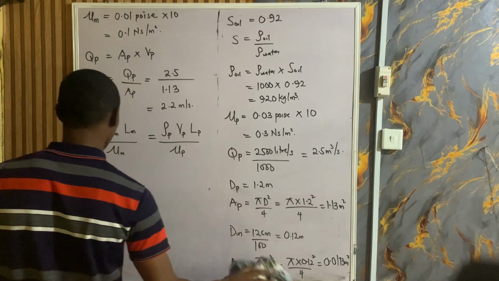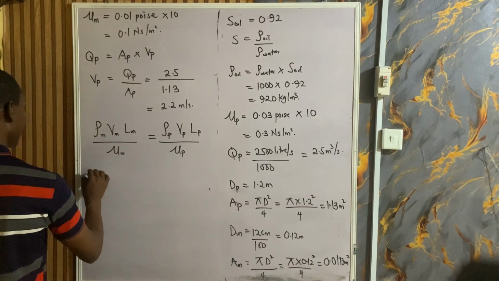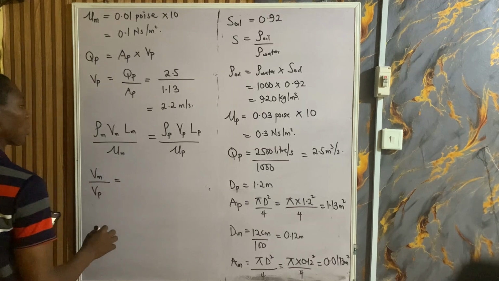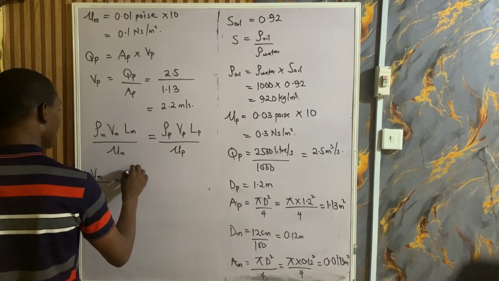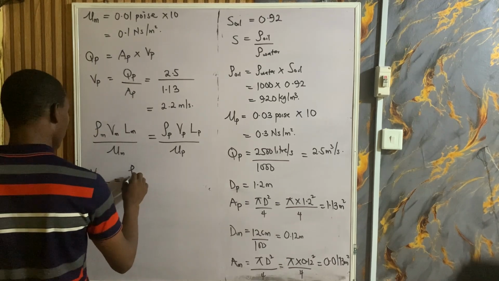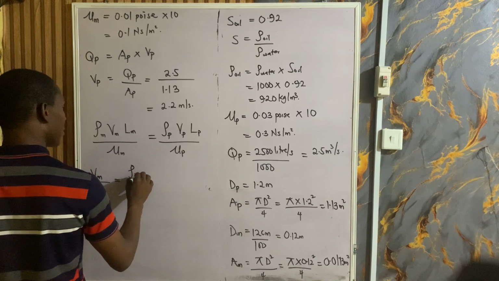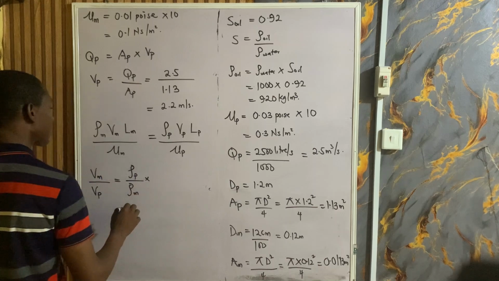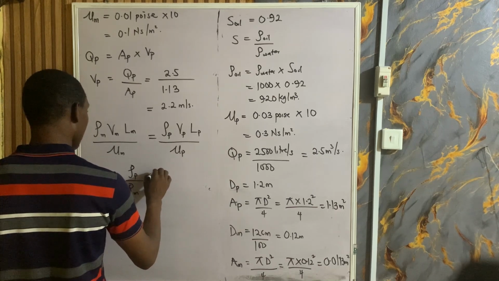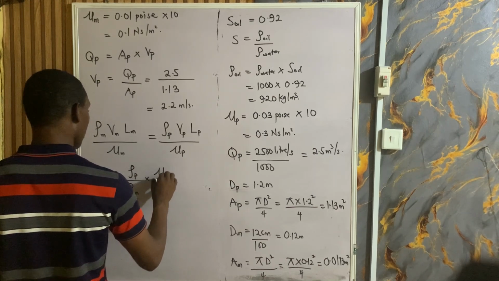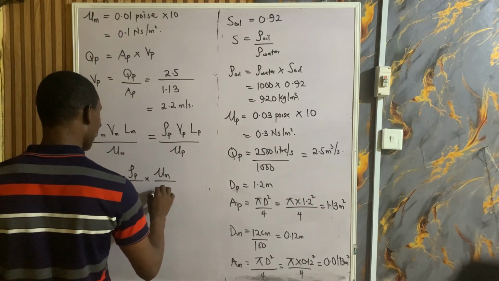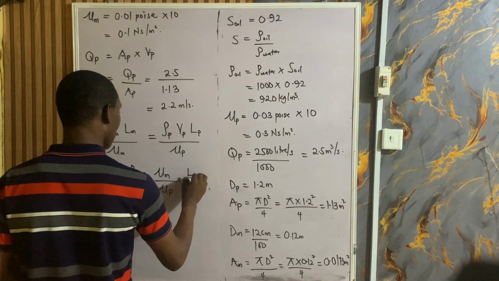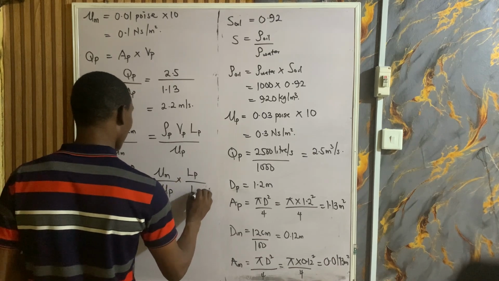Now, the next is to rearrange. We have it that velocity of model over velocity of prototype is equal to density of prototype over density of model times viscosity of model over viscosity of prototype times length of prototype over length of model.